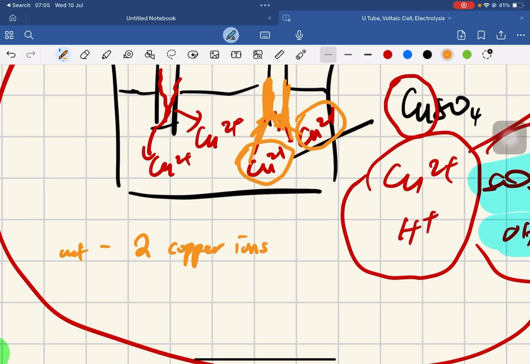While ada berapa lagi yang masuk? Yang masuk to the beaker is dua juga. In also two copper ion. So sebenarnya the solution stays the same, remains unchanged, sebab two out, two in. But how do we say that? Takkan nak cakap macam tu kan?